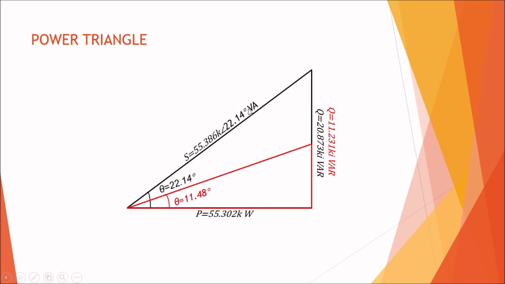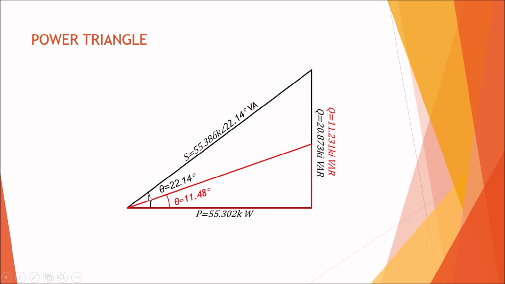Lastly, we can conclude all the power factor correction in one triangle, which is called the power triangle. As we can see here, the black triangle is the result before power factor correction.